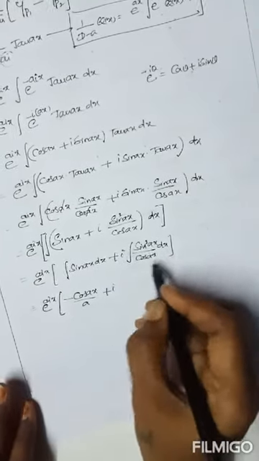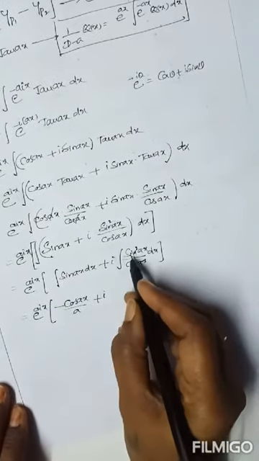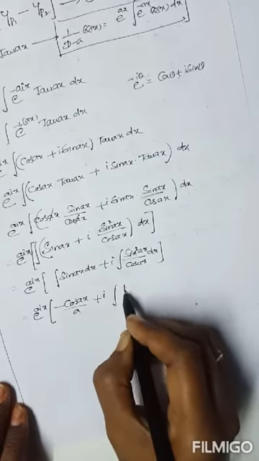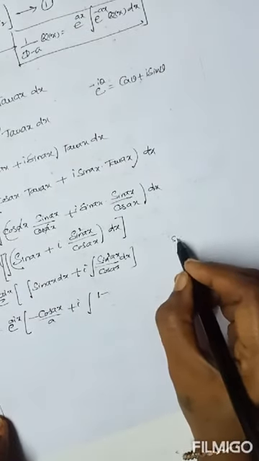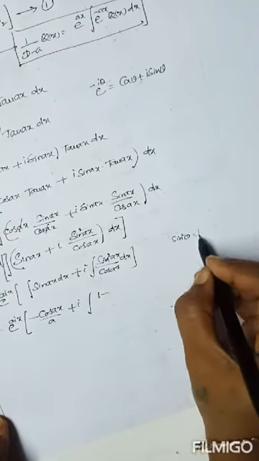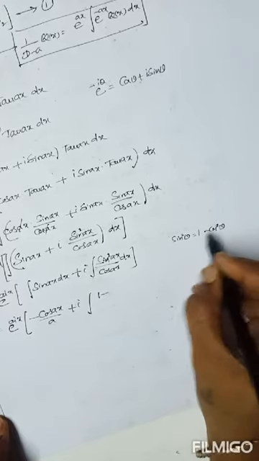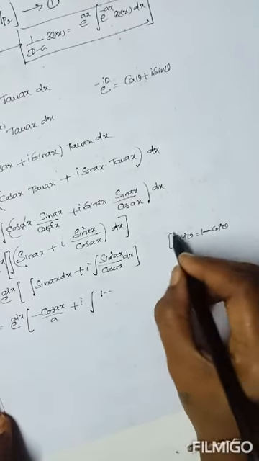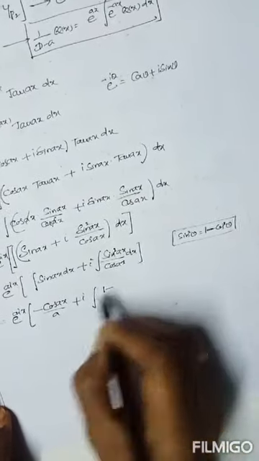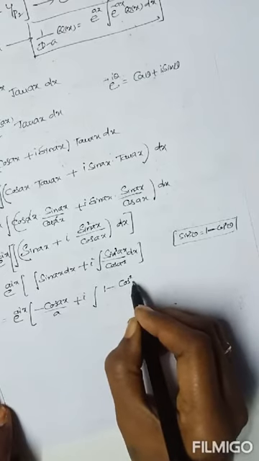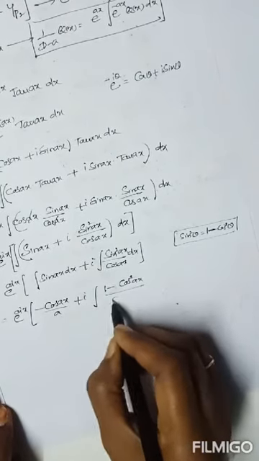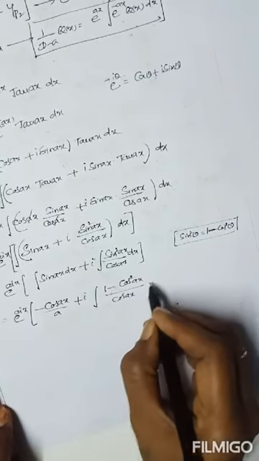But in the second term there is no formula, so I have to write sin square ax, that is sin square theta, equal to 1 minus cos square theta, with theta as ax, by cos ax into dx.